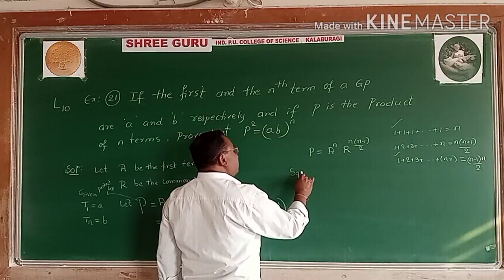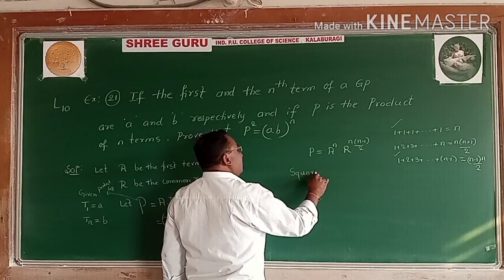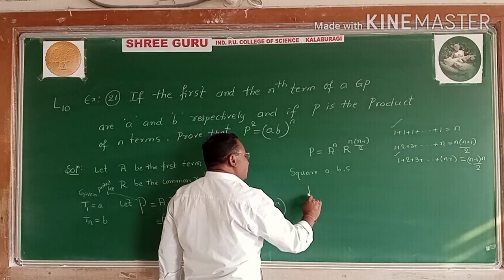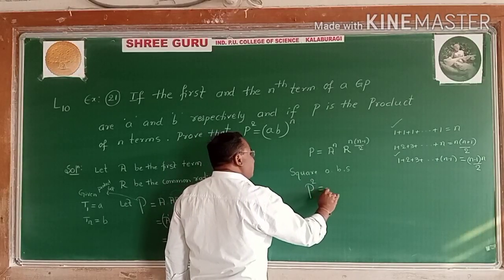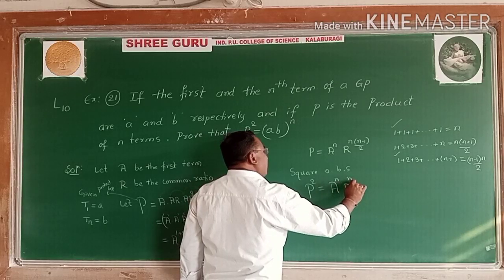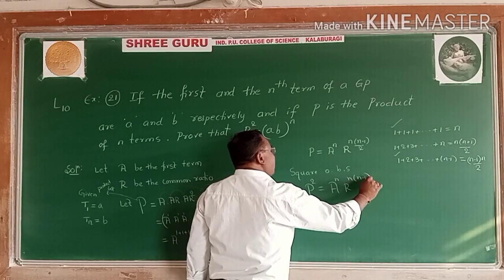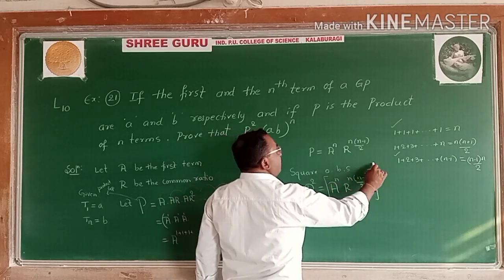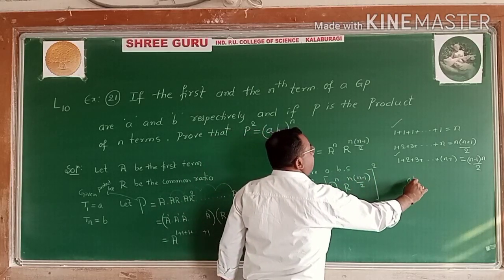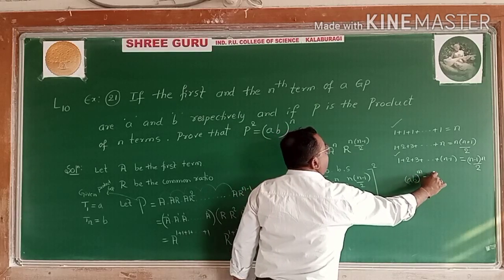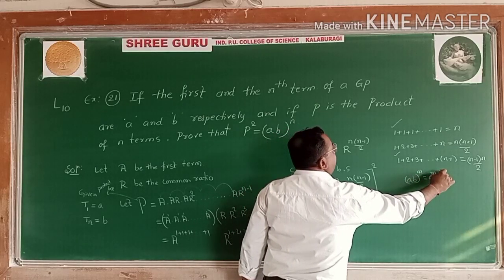Next, square on both sides. P square is equal to a power n, r power n into n minus 1 divided by 2, whole square. By the law of indices, a power m times b power m can be written as ab whole power m.